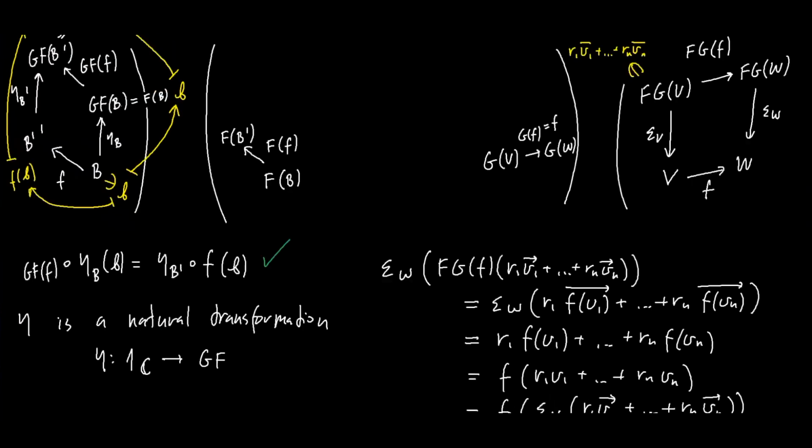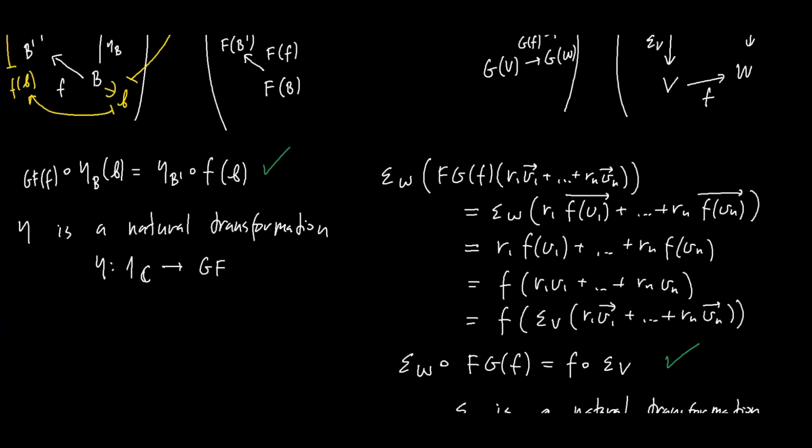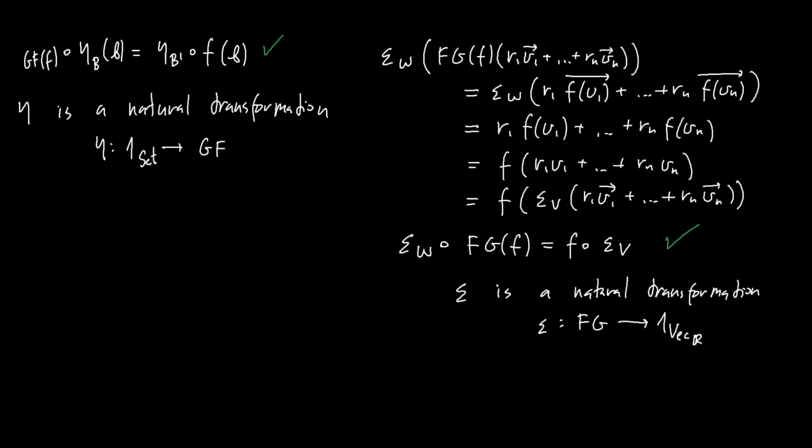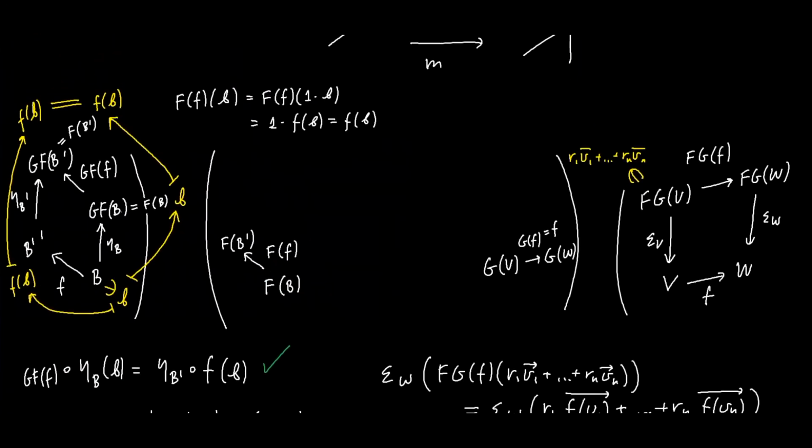Okay, now let's go back here and fix some notation. So our C is the category of sets. So let me put set here. And our D is the category of vector spaces. So we put here vec. Great.